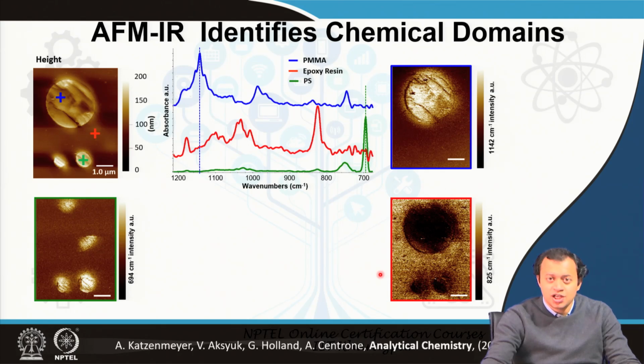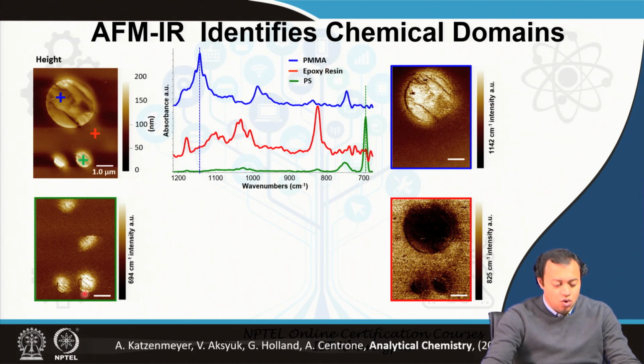Then I changed it to polystyrene only, and I see polystyrene, this is the 694 to 700 frequency range which polystyrene only absorbs, the rest of the PMMA and epoxy resin does not absorb.